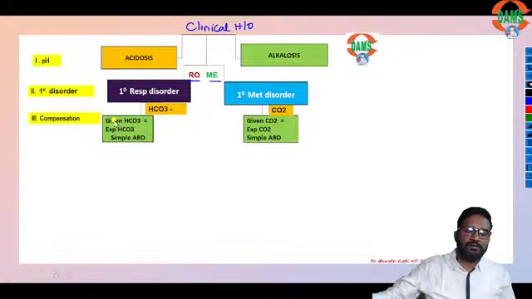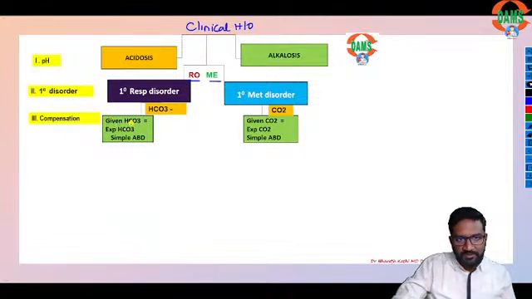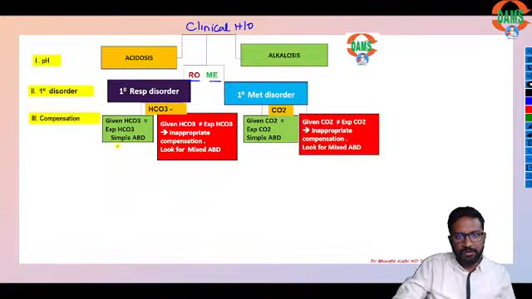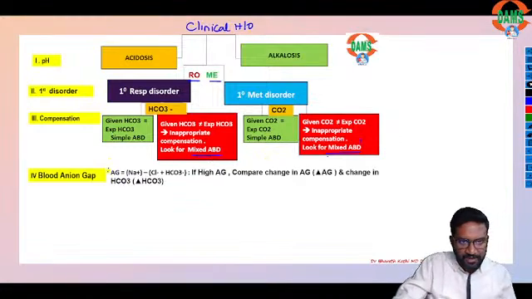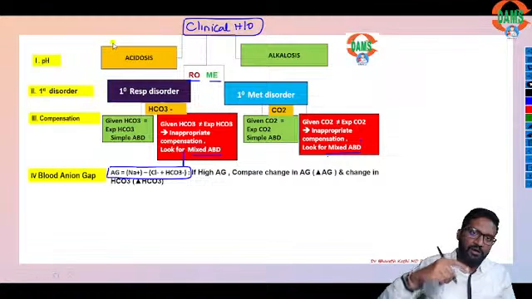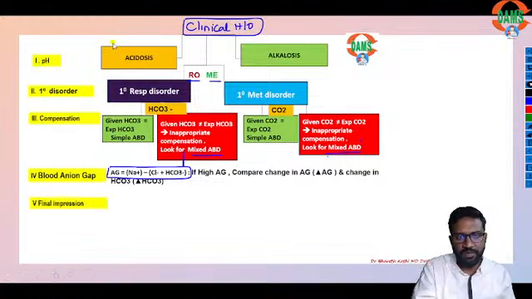Primary metabolic, we see respiratory. If given and expected are correlating, it is simple acid base. Not correlating, it is inappropriate, it is called mixed acid base disorder. Just a brief revision. And calculation of anion gap, this is the standard formula. And finally, taking into consideration the clinical history. Clinical history, there was polyuria, polydipsia, drowsiness. All this can happen in background diabetic ketoacidosis.